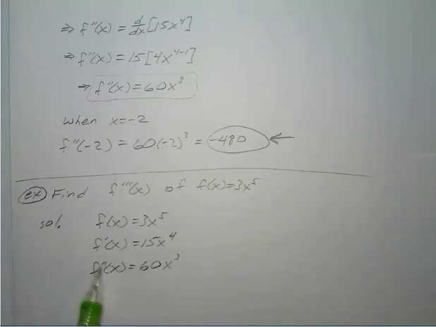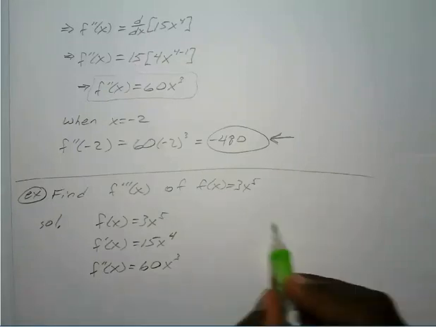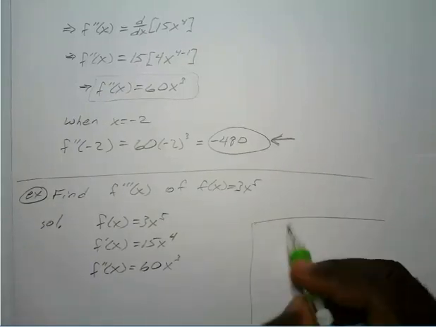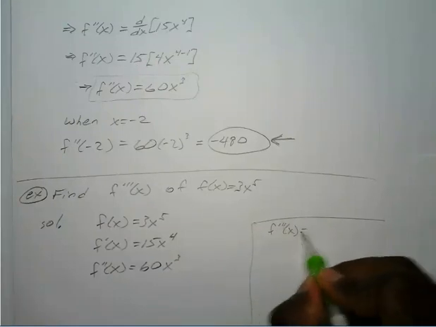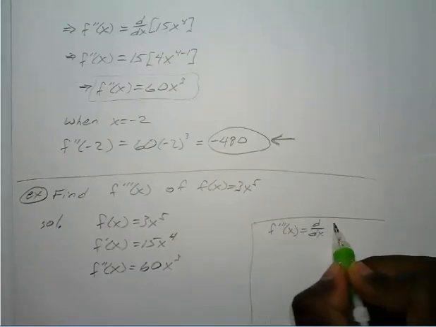So to find our third derivative, it's the exact same thing. Our third derivative, I'm just going to do that over here, is just the derivative of our second derivative.